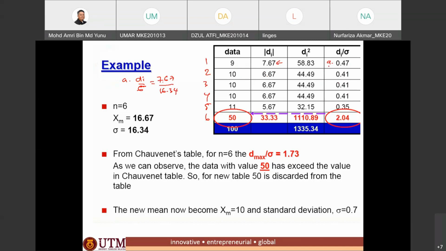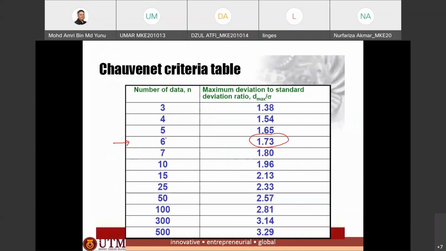All right, so we compare all the values in this column. Our data set is 6. So the ratio of the offset to the standard deviation according to the Chauvenet criterion must not be more than 1.73.